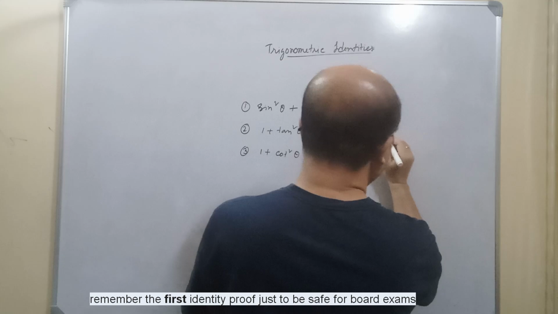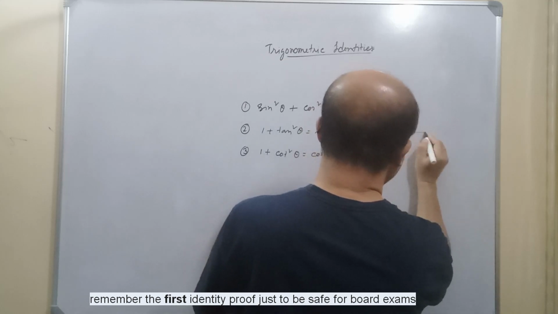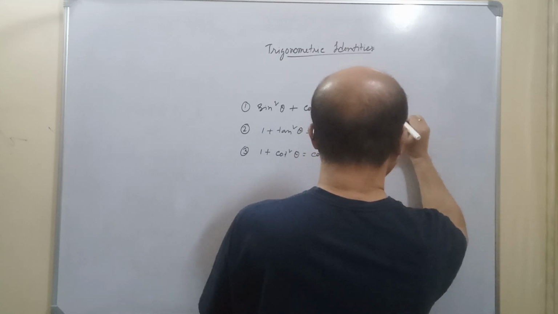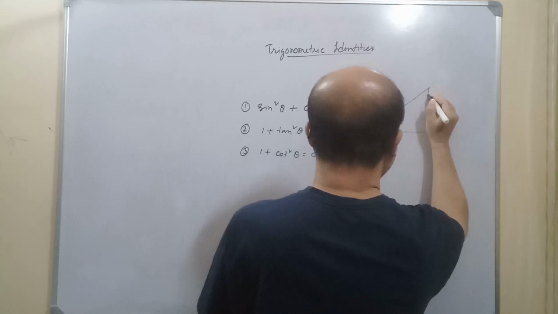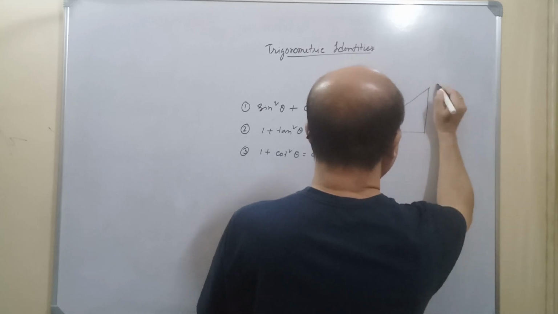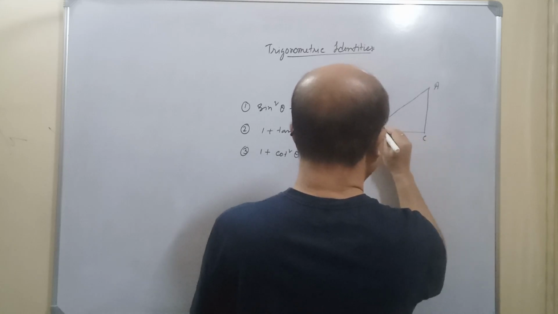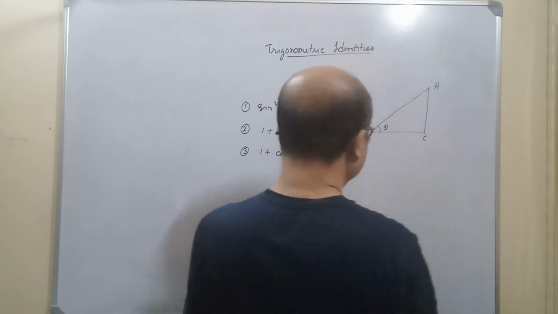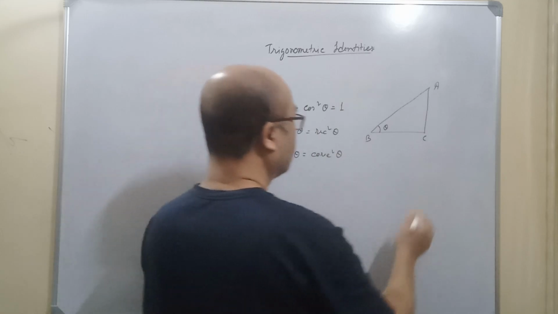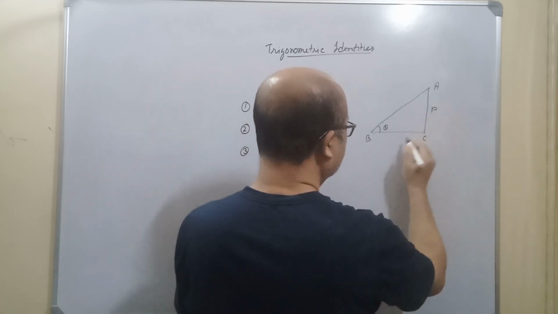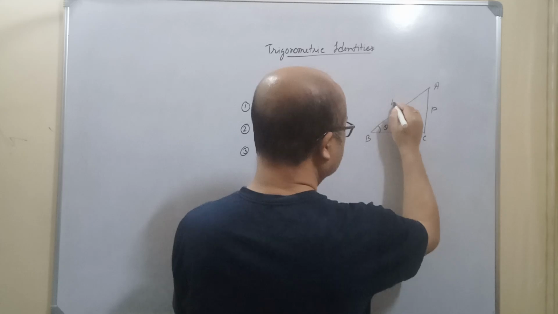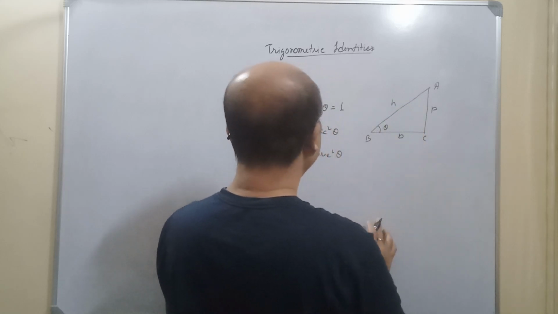Suppose we have a right angle triangle. This is the acute angle theta. So this is the perpendicular, this is base, this is hypotenuse, right?